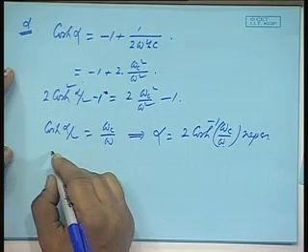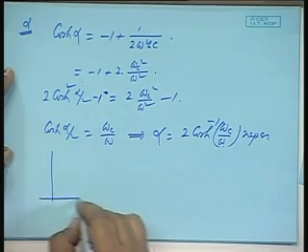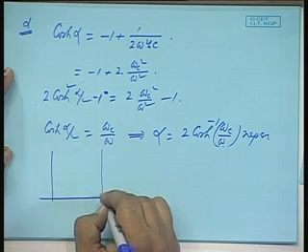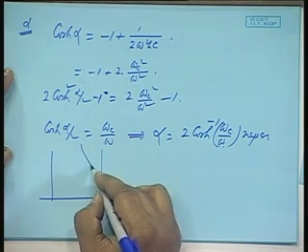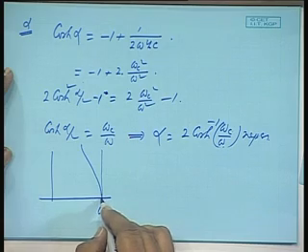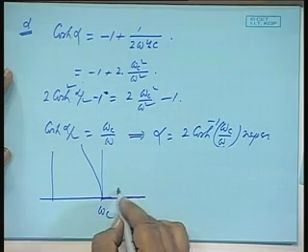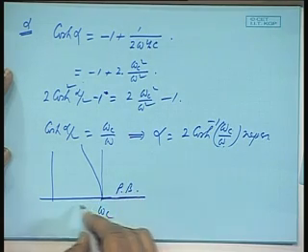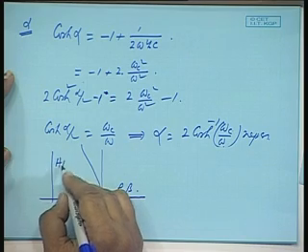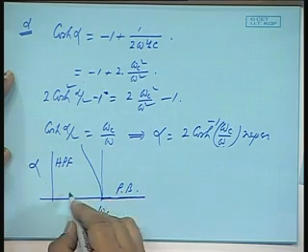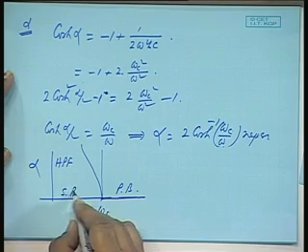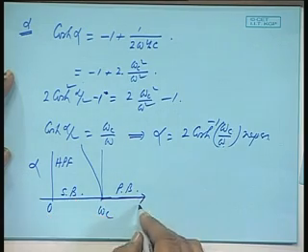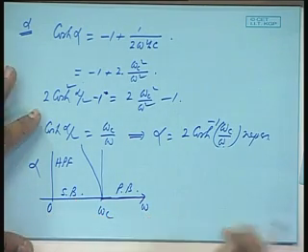So, alpha in this case will start from here, and then this is the pass band, it will be 0, and this is for a high pass filter. So, this is a stop band. All right.